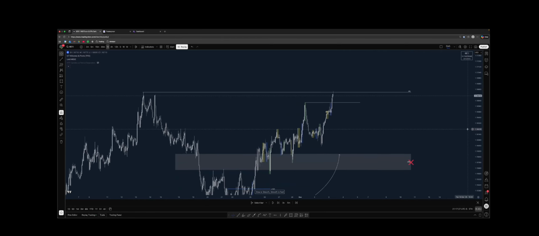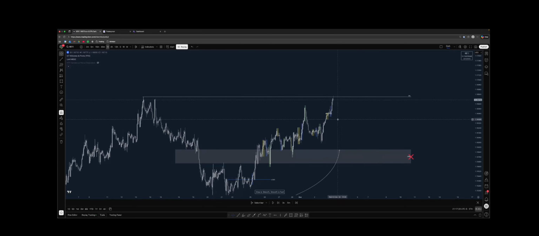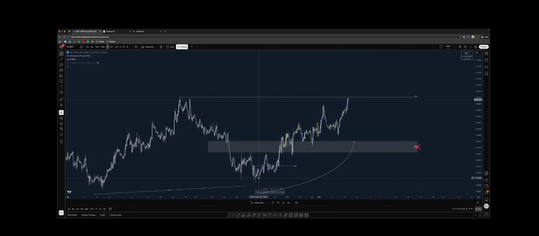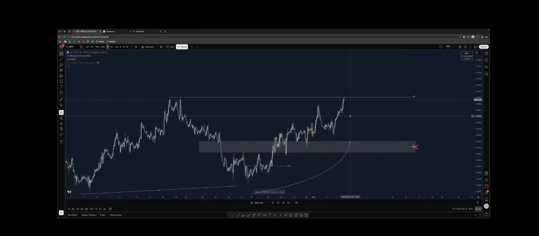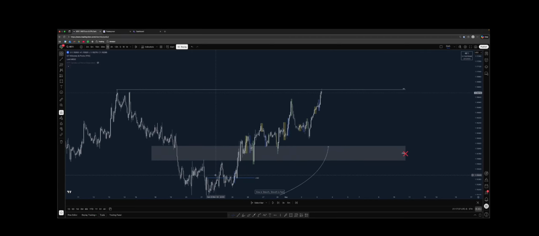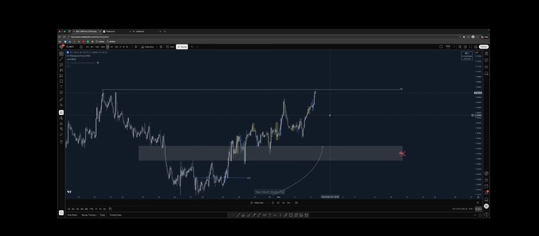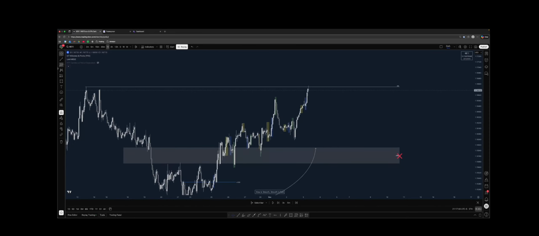So what you're doing with this trade, you're aligning yourself with the high time frame order flow. The order flow is very clearly bullish, right? So you're aligning yourself with the order flow. You're on side with the high time frame order flow. You're positioning yourself from an hourly point of interest below an hourly swing low.